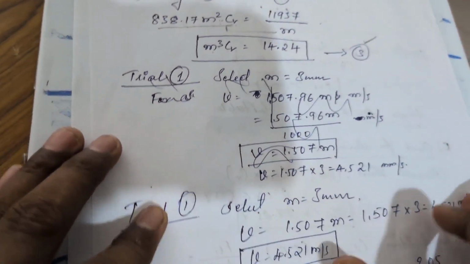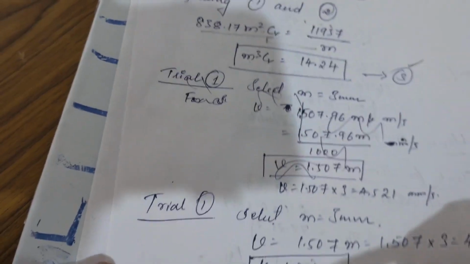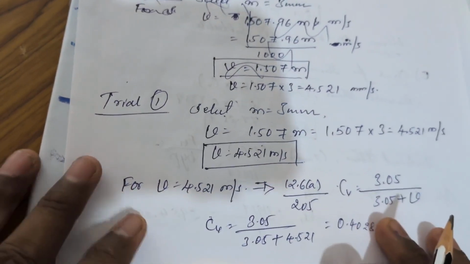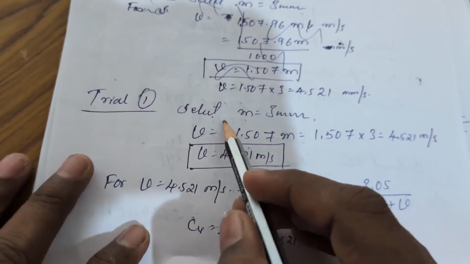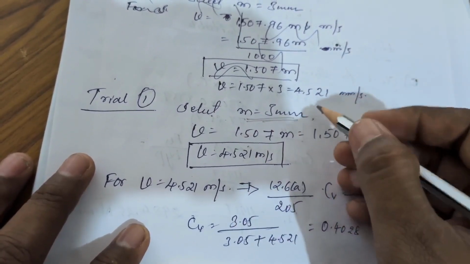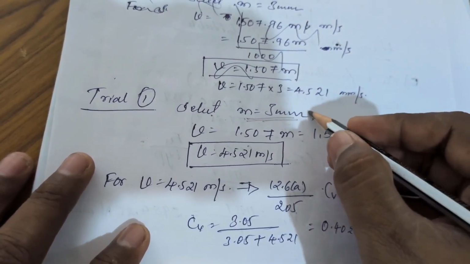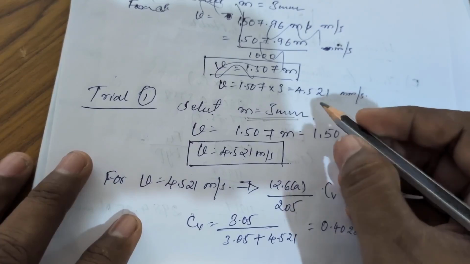Next, we need to do a trial and error method so that we are able to get the value of the module m. So in the first trial, I will select m is equal to 3. Generally, we start the trial from 3 mm itself in any design problem.